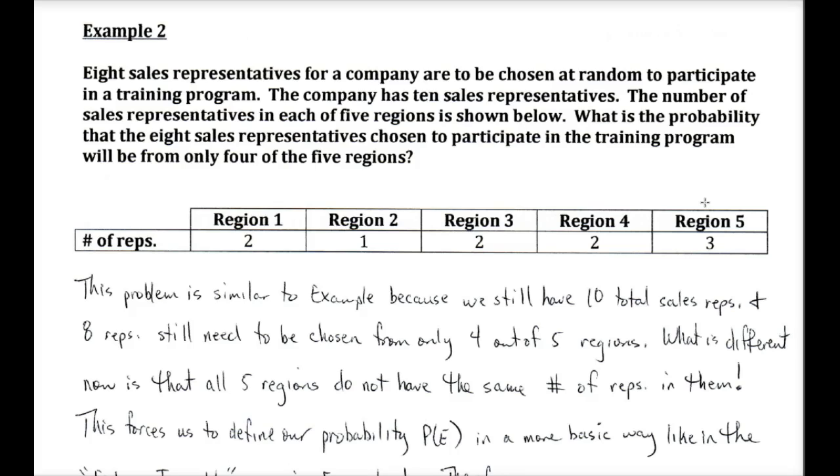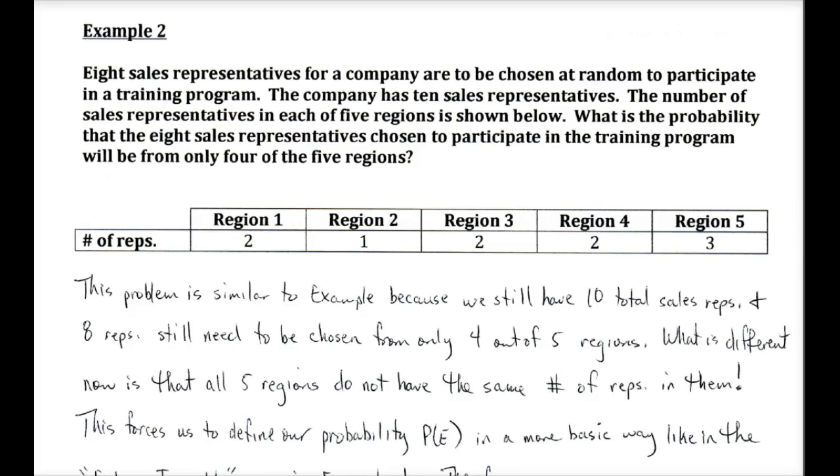We're expecting that it may go up slightly just because we have more than one way to choose candidates if we're trying to get 2 candidates from a region that has 3, okay?